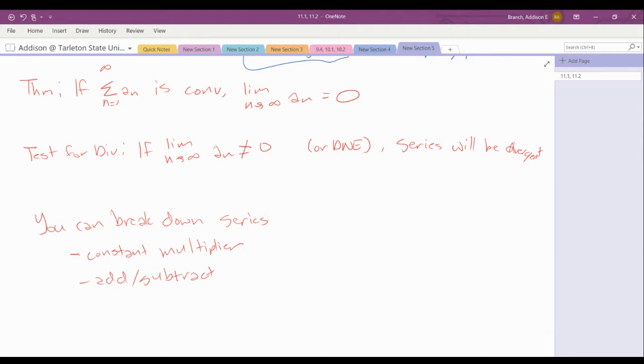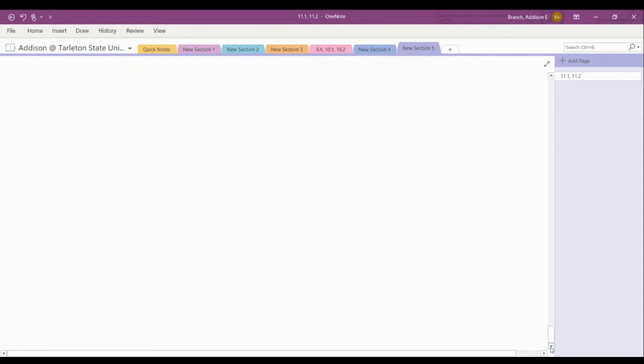All right, so I want to go ahead and do a few more examples of some series. Once again, we just want to figure out if these are convergent or divergent, and then find the sum if they are convergent.